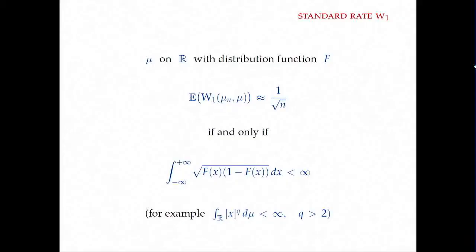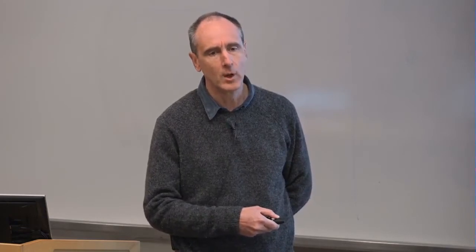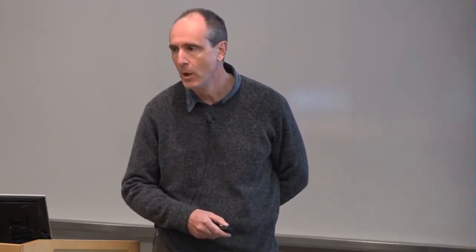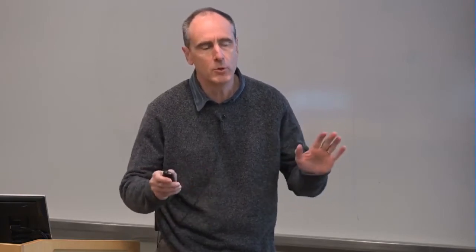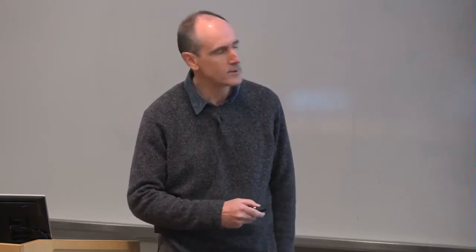And using this, it's not very difficult to get a first result, namely that for any distribution mu on the real line, you get the standard rate. This is the rate of the uniform as soon as you have this type of integrability on the distribution. So this is satisfied as soon as you have slightly better than a second moment. So this is rather general: for W1, as soon as you have some moments bigger than 2, you get the standard rate.